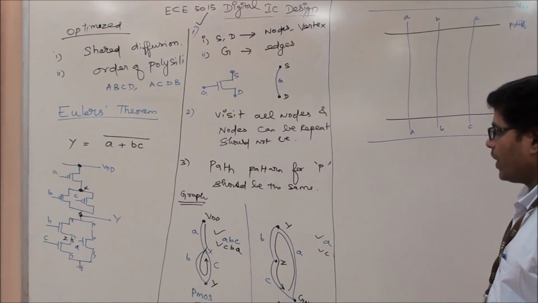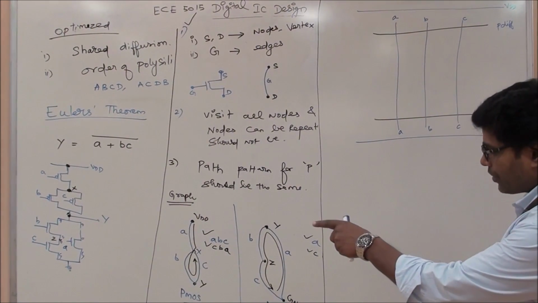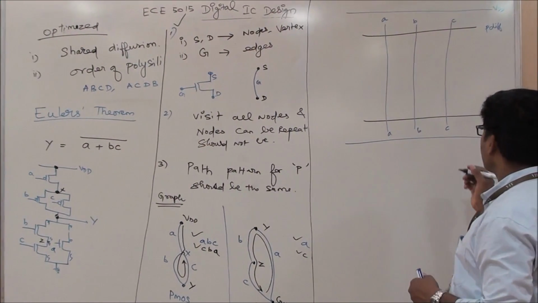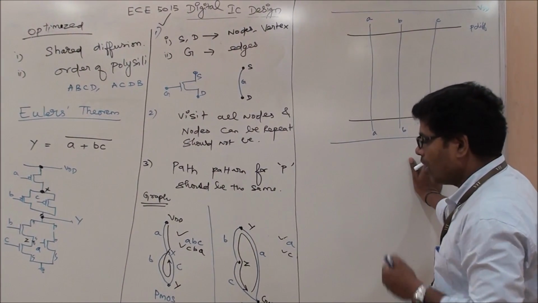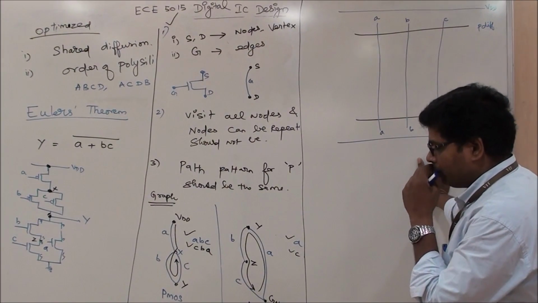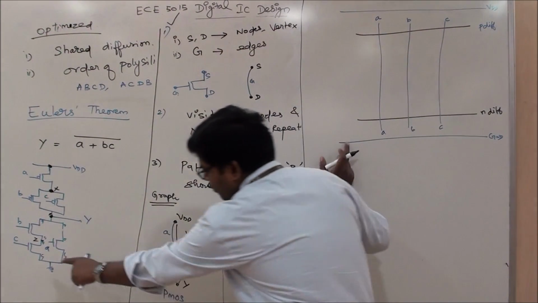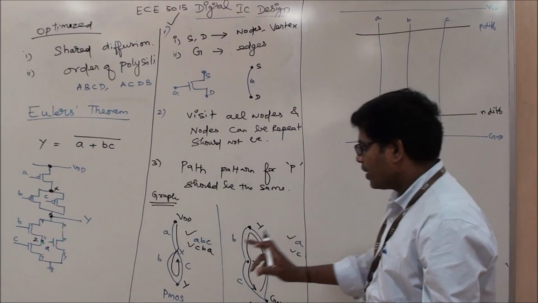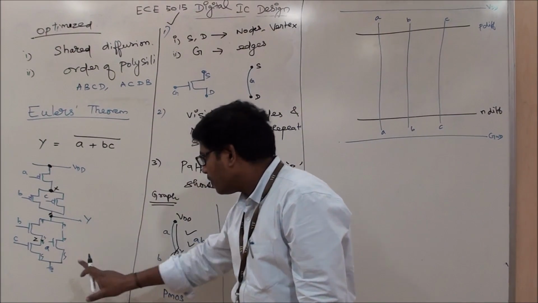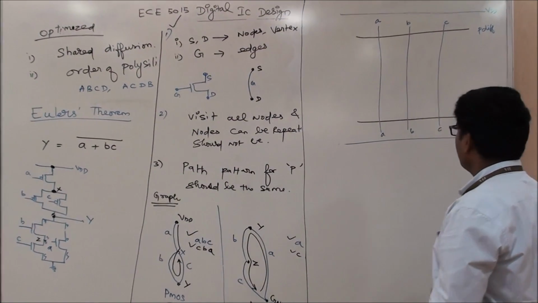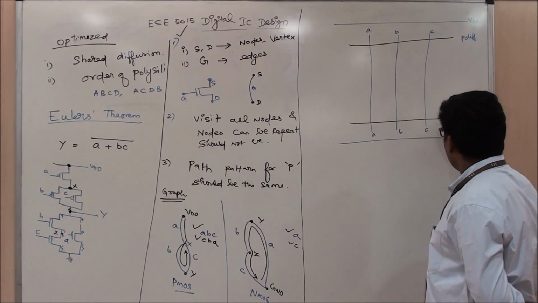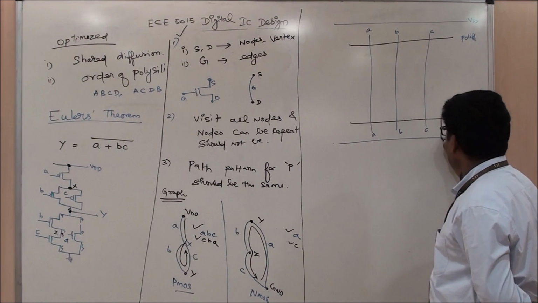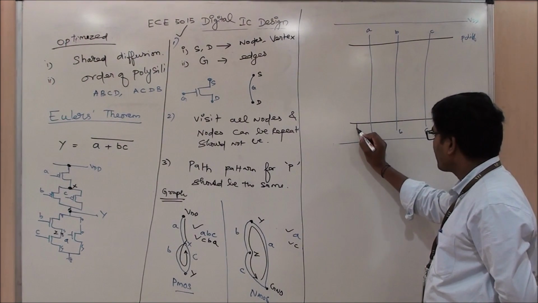Now the source of A and the source of C should be connected to ground. Source of C, source of A should be connected to ground. Let me keep it like this.